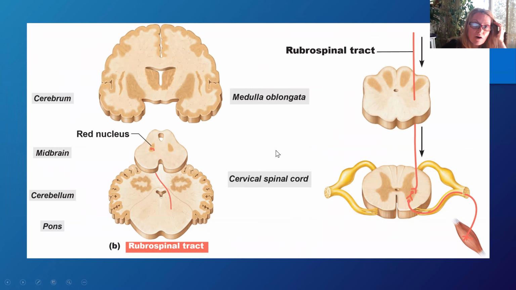Now, if we're talking about the extrapyramidal tract, then the command can originate, let's say, in the midbrain. Right? You don't use your consciousness to regulate your posture all the time, like you don't do it every second of your life.